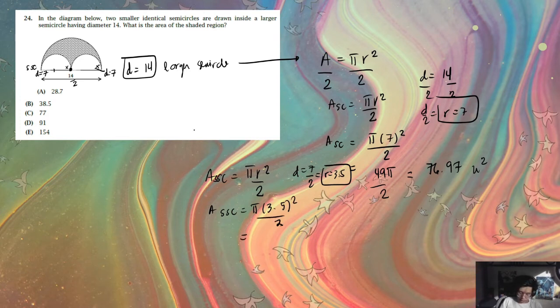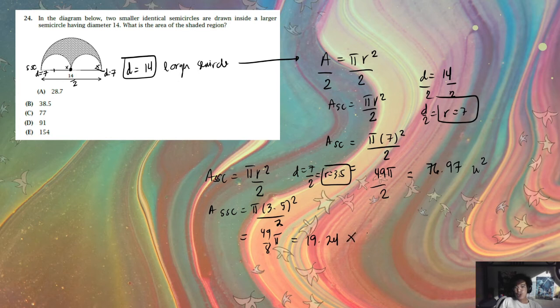Using your calculator, that should give us 49 over 8 pi, or in decimal, 19.24. So that's just one semicircle.